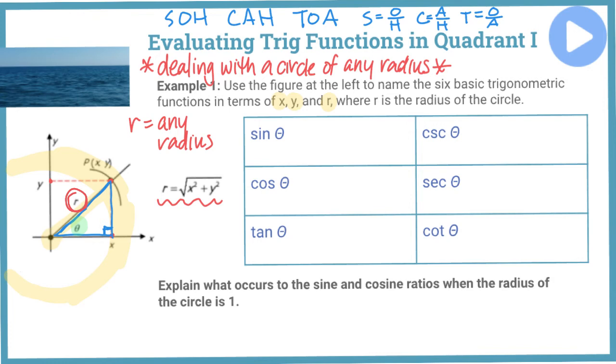Opposite, in this case, is the distance from x all the way up to the point on the circle. That's the same as the distance along the y-axis, so we're going to refer to that as y. So sine of theta is opposite over hypotenuse, which simplifies here as y over r.